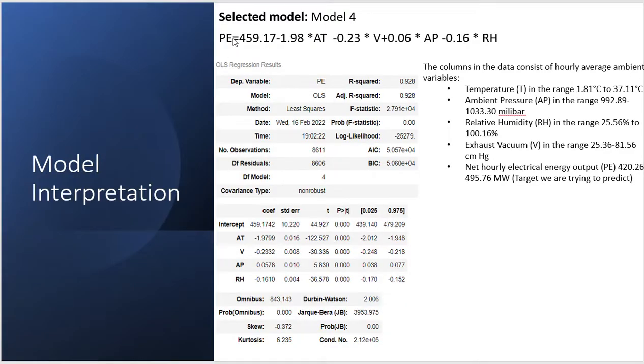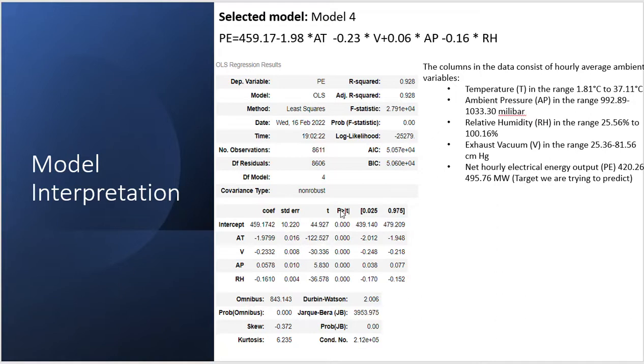The linear equation looks like power output equals coefficient, which is 459 or 460, minus 1.98 times temperature, minus 0.23 times exhaust vacuum, plus 0.06 times ambient pressure, and minus 0.16 times relative humidity. We can see the same output here as well as a snapshot of the previous output here.